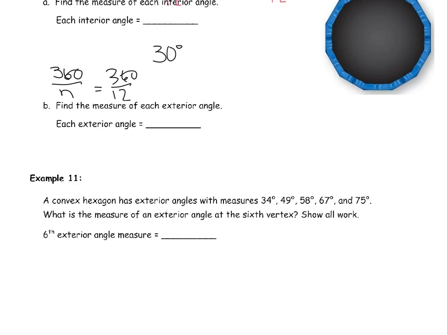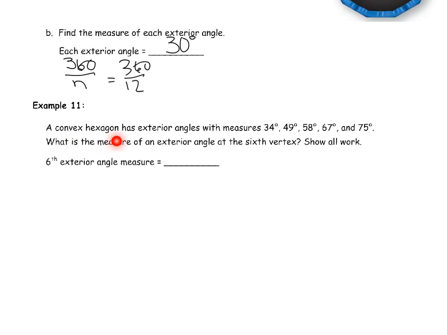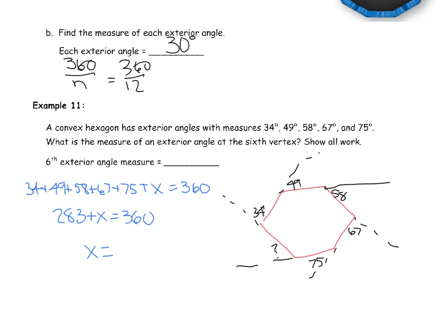All right, now let's move on to the next example. A convex hexagon has exterior angles with the measures of 34, 49, 58, 67, 75. What is the measure of an exterior angle at the sixth vertex? Show all work. Let's go ahead and draw a figure that would look like this, just to get the visual of it.